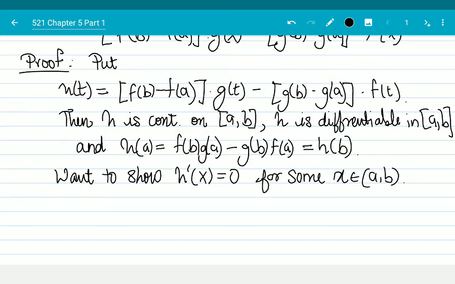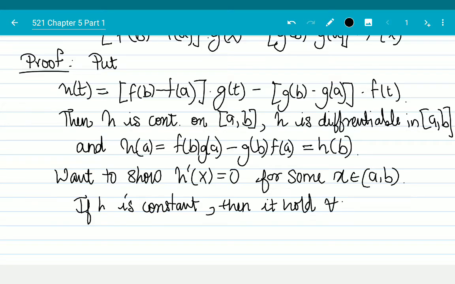Okay. How do we show this? If h is a constant, then h prime of x is equal to 0 for every x belonging to (a,b).